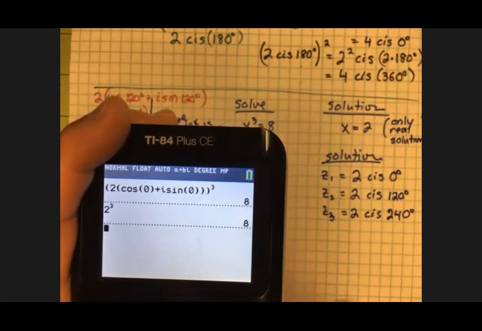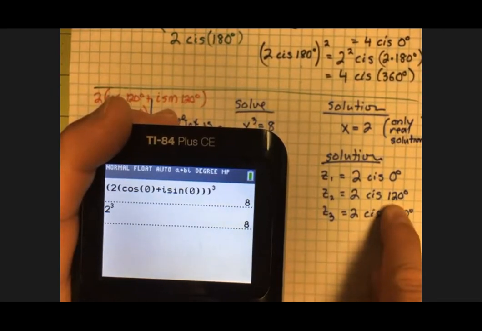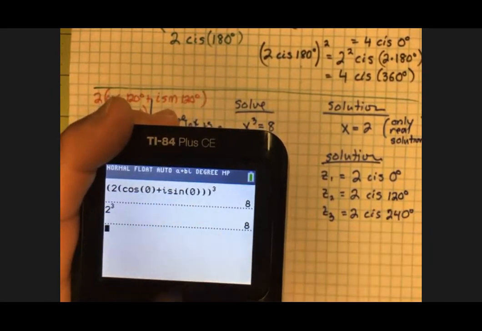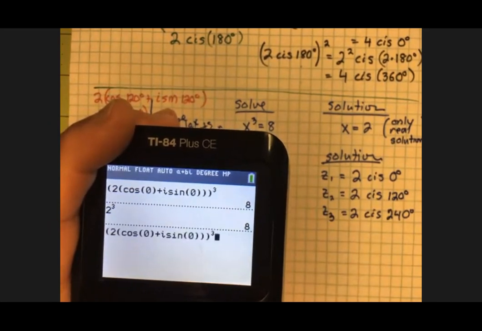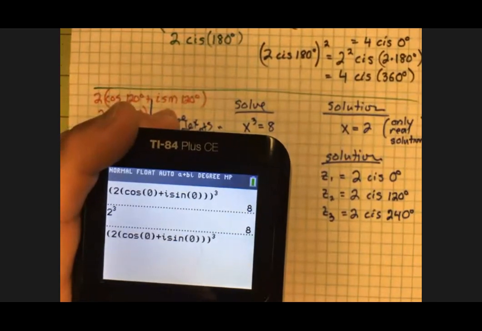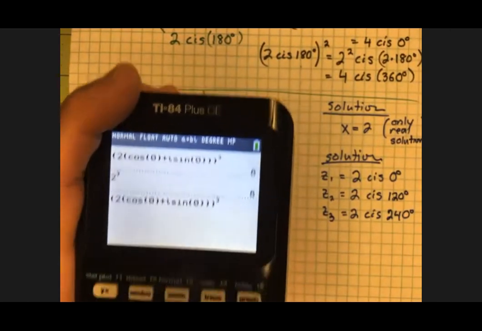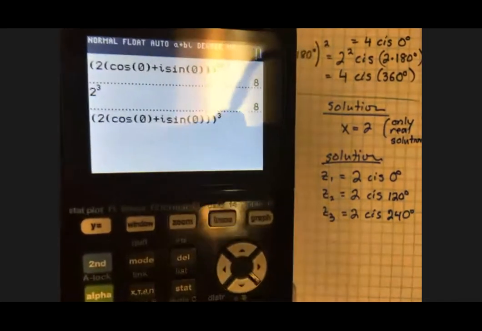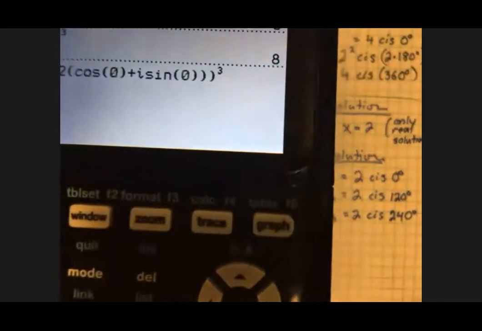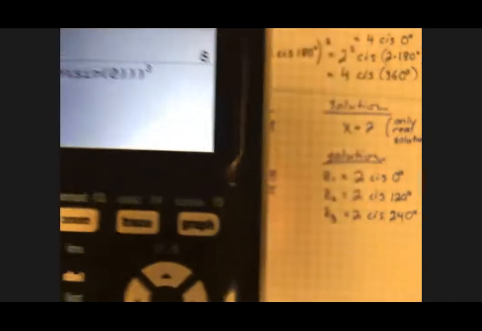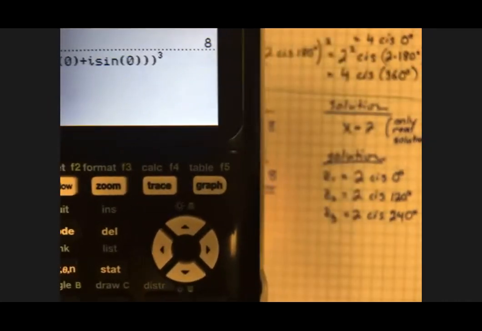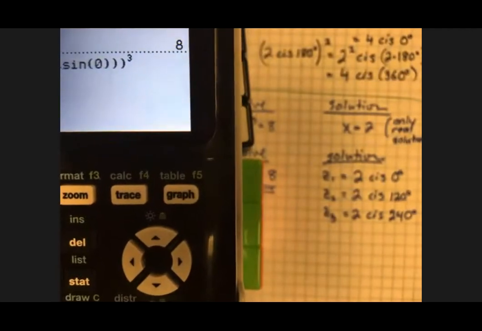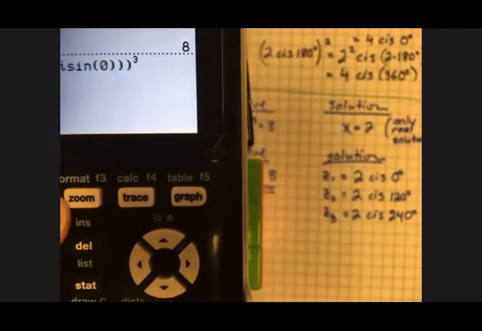Now let's cube one of these other guys. I'm just going to slip a 120 in place of that 0. So go back through my entries and let's insert 120 in place of that 0. Remember, I showed you the insertion key is right here on the delete key.